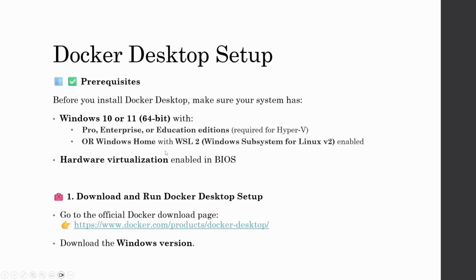And before you run the setup, you should know that you must be having Windows 10 or 11 64-bit with either Pro, Enterprise or Education Edition, because we will need Hyper-V, or Windows Home with WSL2. Okay, so if you have WSL, then that is better.